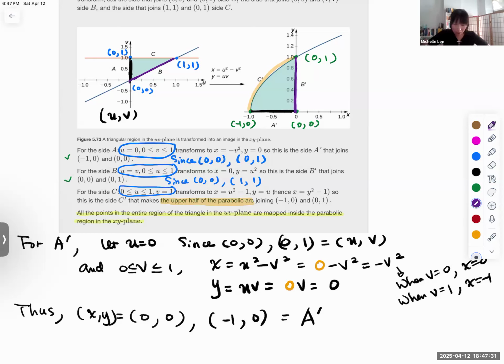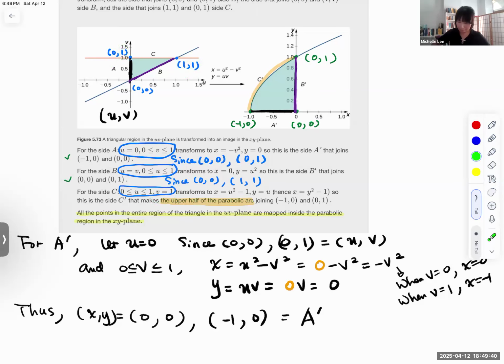Okay, let's talk about the C, C prime. Let's take a look. C has 0, 1, 1, 1, right? But then can you see that the V has the same 1 there? Okay, let's use that fact. V equal to 1 and U is between 0 and 1. Make sense?